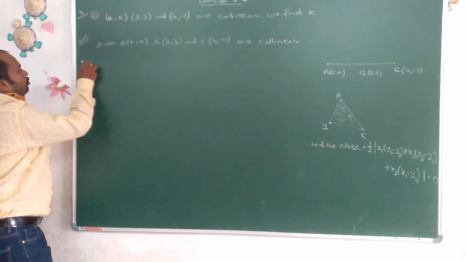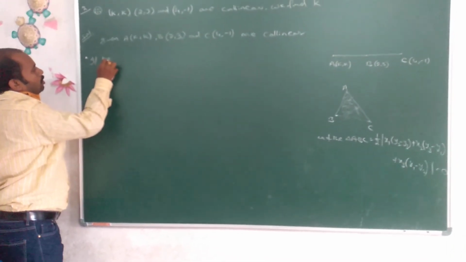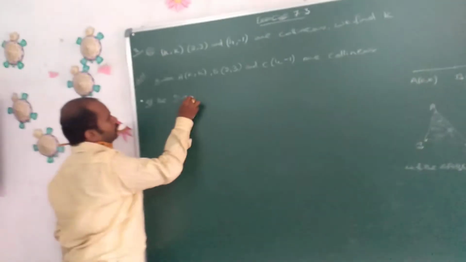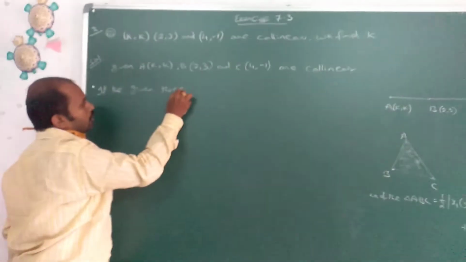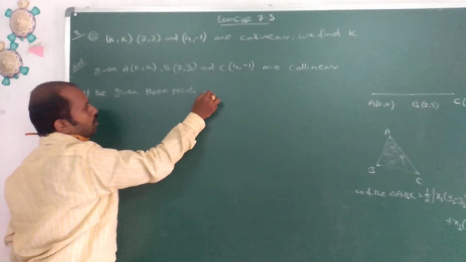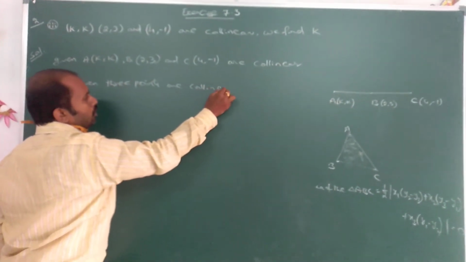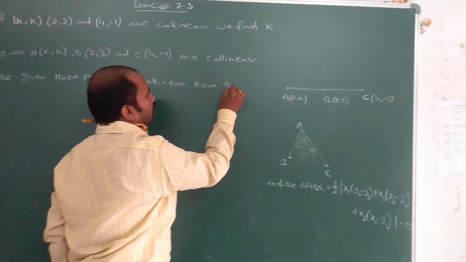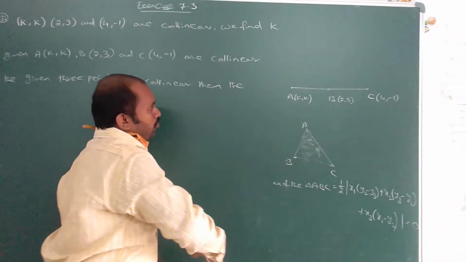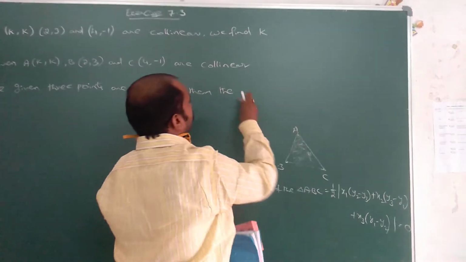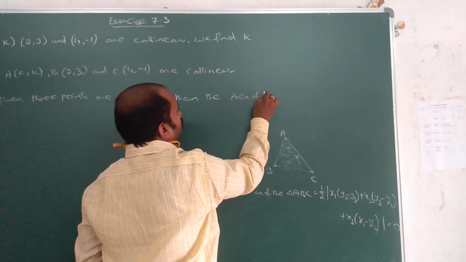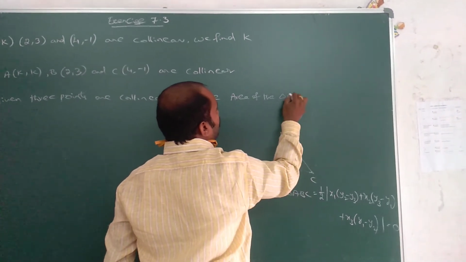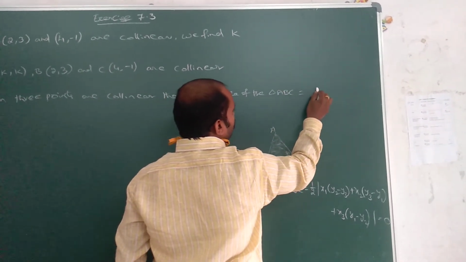Okay. We know that concept: if the given 3 points are collinear, then the area of the triangle ABC is equal to 0.